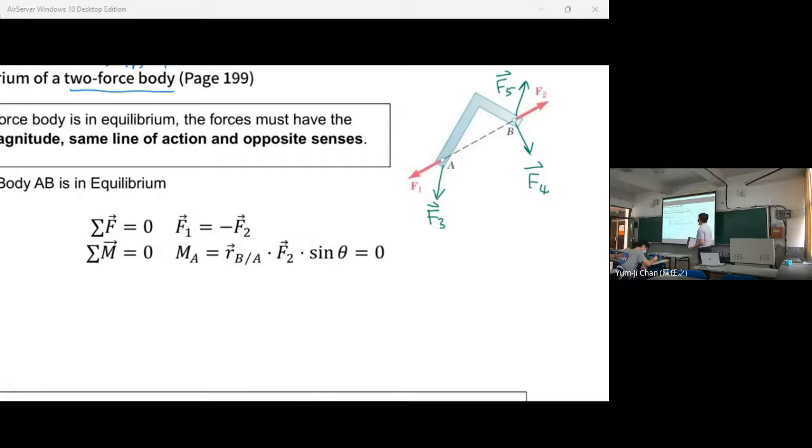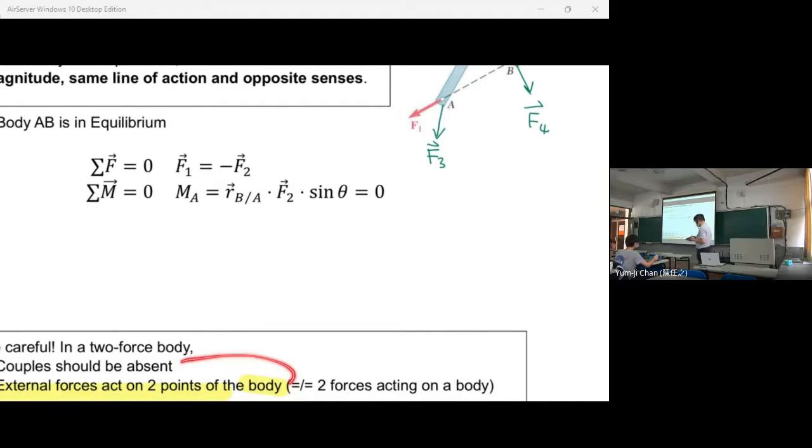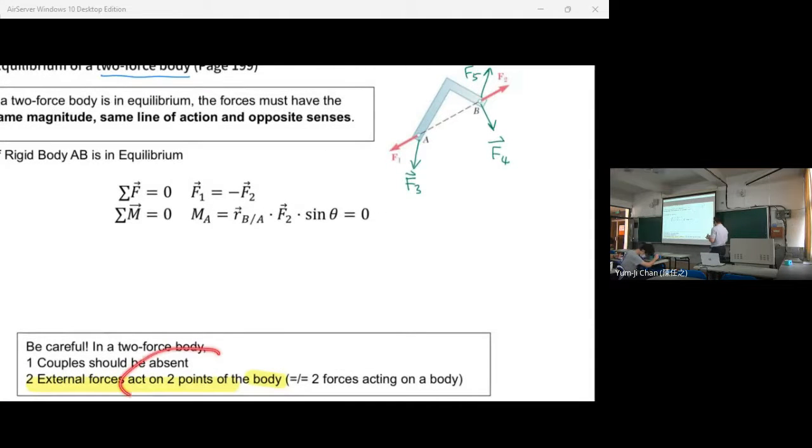Is this a two-force body? This is a two-force body because all forces act on 2 points of the body. So all forces act on A or act on B. So this is a two-force body.